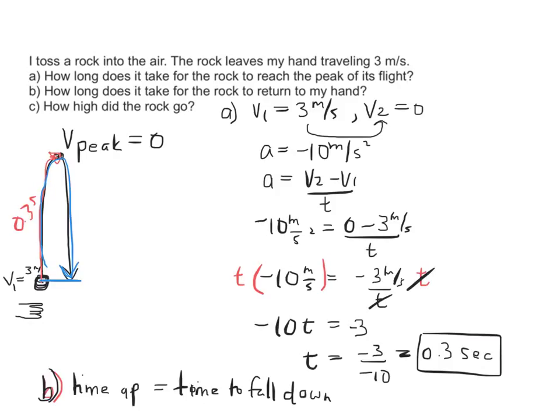So the time up was 0.3, and the time down is 0.3, so that means the total time is 0.3 plus 0.3, or 0.6 seconds. I can just double it.